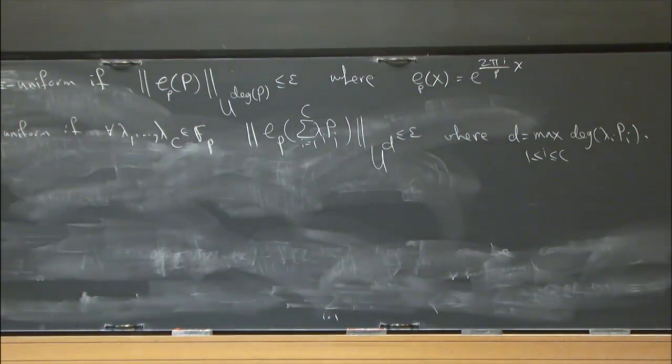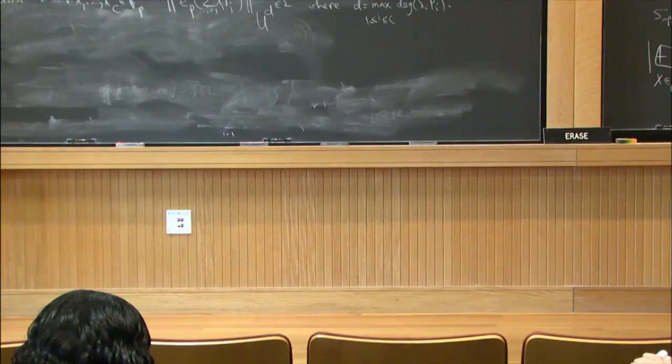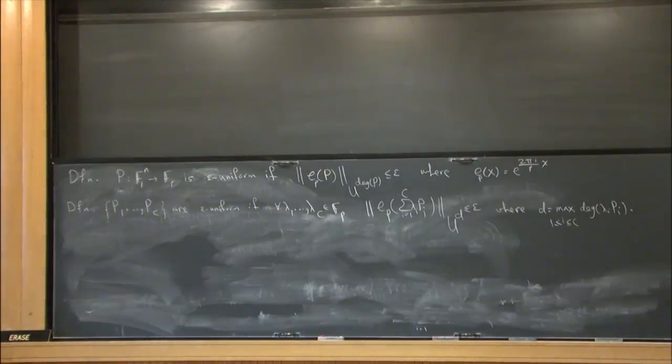So if all the linear combinations have small Gowers norm, then we call the collection epsilon-uniform.